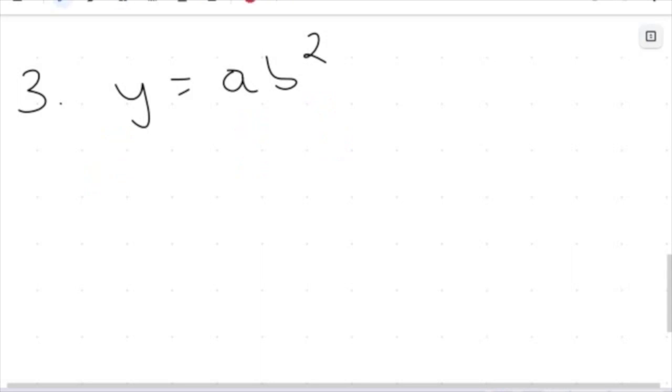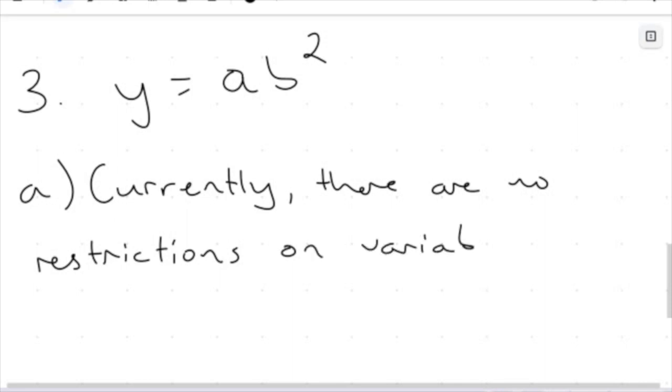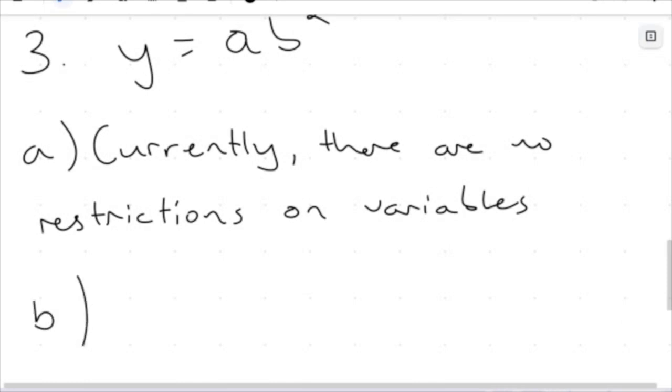So I'm going to write here for part a, currently, in the equation's current form, there are no restrictions on our variables. Cool, that's relatively straightforward.